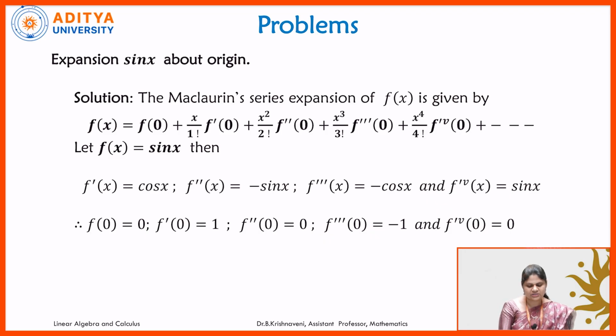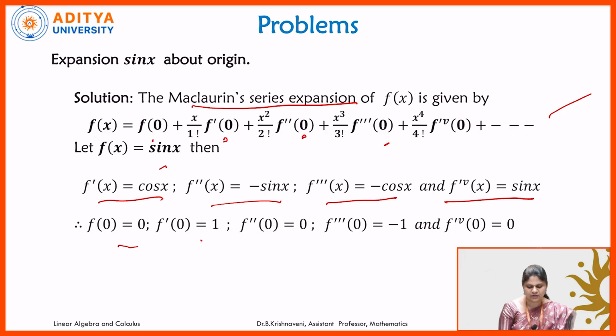Now, expansion of sin x about the origin means nothing but the Maclaurin series, and here f of x is sin x. We know this is the Maclaurin series in which we take the values f of 0, f dash 0, f double dash 0, and so on. Taking f of x is equal to sin x, find f dash x, f double dash x, f triple dash x, the fourth derivative of f of x, substitute x is equal to 0 in each case, and substitute in the expansion.